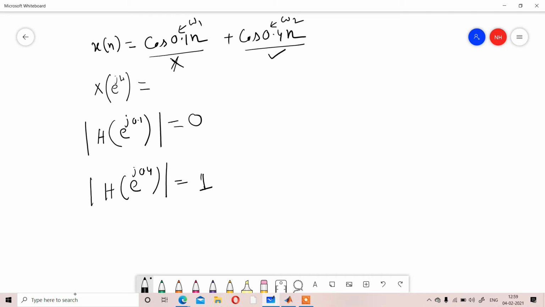After that, to design the filter, we have to consider h n. That h n defines the h e to the power j omega, because if you don't know h n, how can you calculate h e to the power j omega?